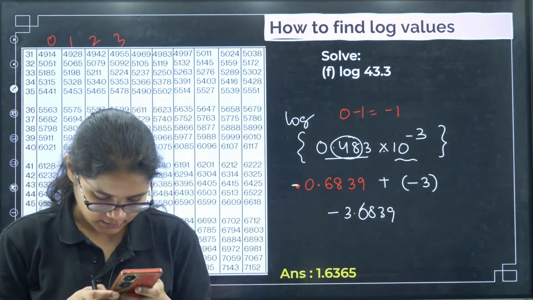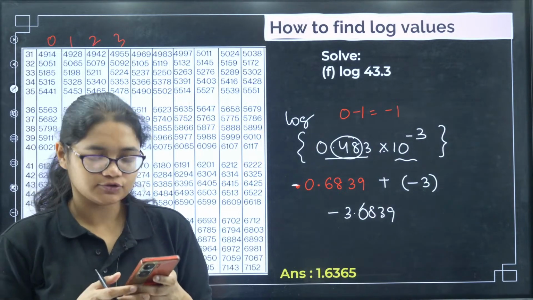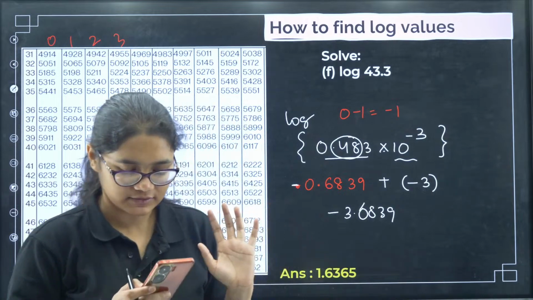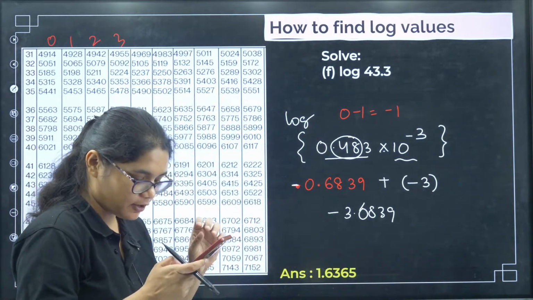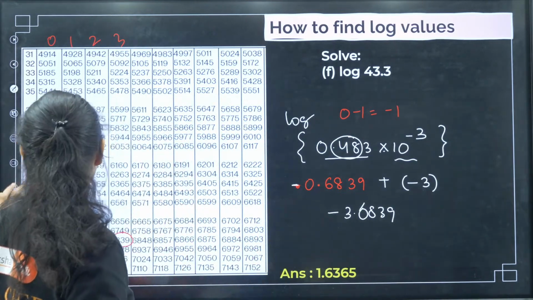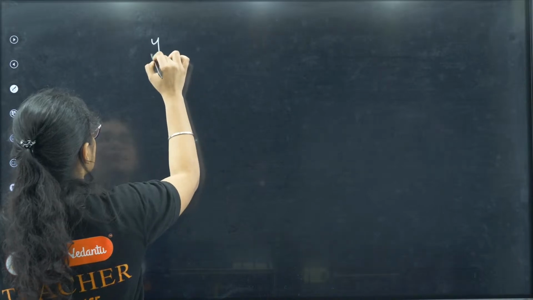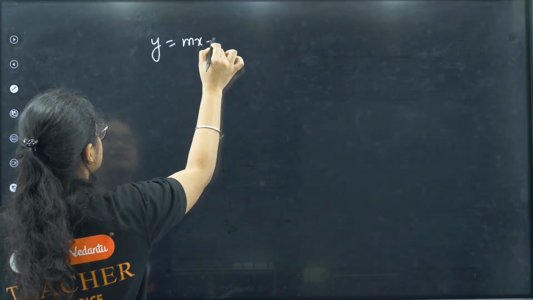Okay. Yes, students. So now I will go to the graph question that you have asked me in the doubt section. There were some students asking for graph questions, how to remember the graph thing. Okay. So see here, first of all, graph, always remember it is in the form of y equal to mx plus c.